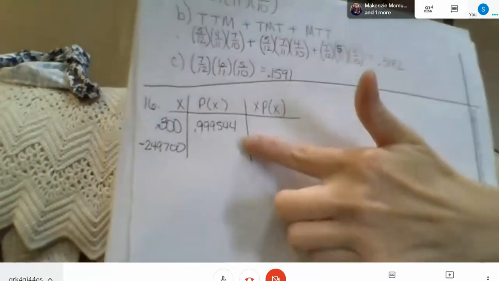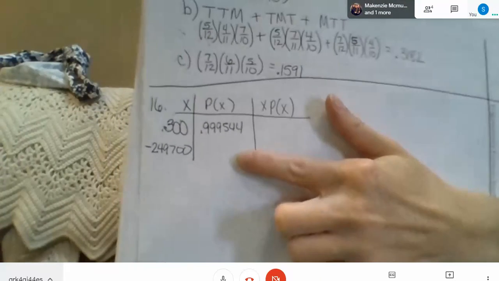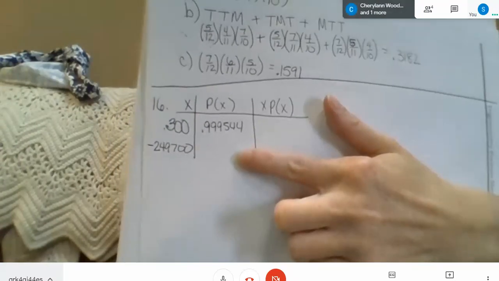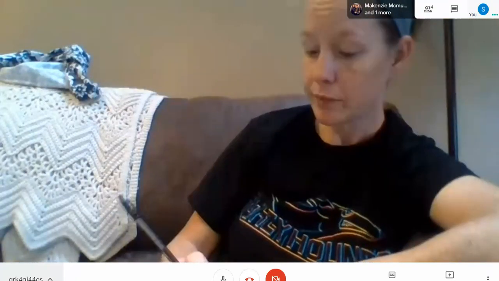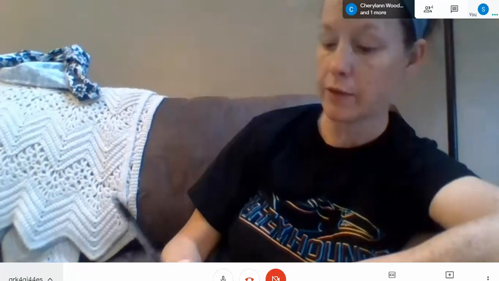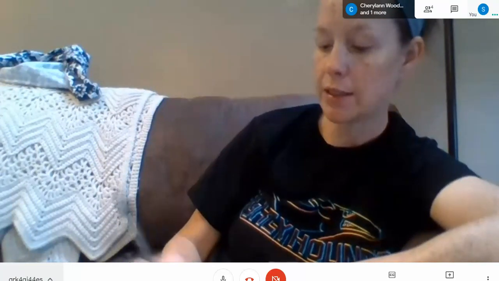The second option is if they don't live. How do I find that probability? It's the complement. So 1 minus the 0.999 number. So we get 0.000456.